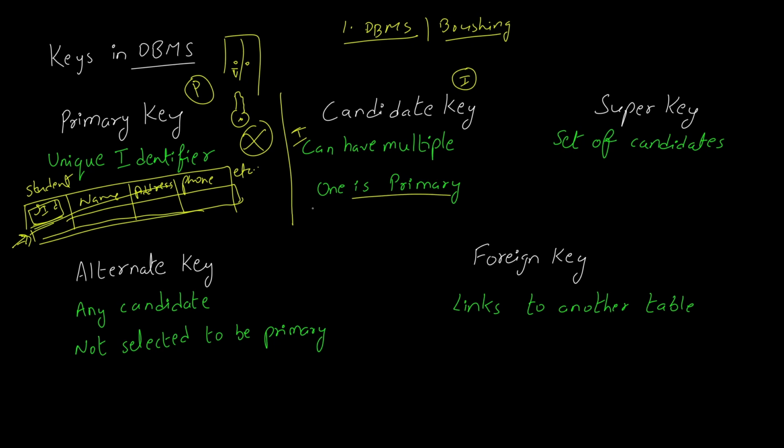For example, you can see over here we have phone and email as well in the table, which would both be unique to each and every student. They have to be. And we have ID as well. All three of these fields can be used to uniquely identify a record in the student table.